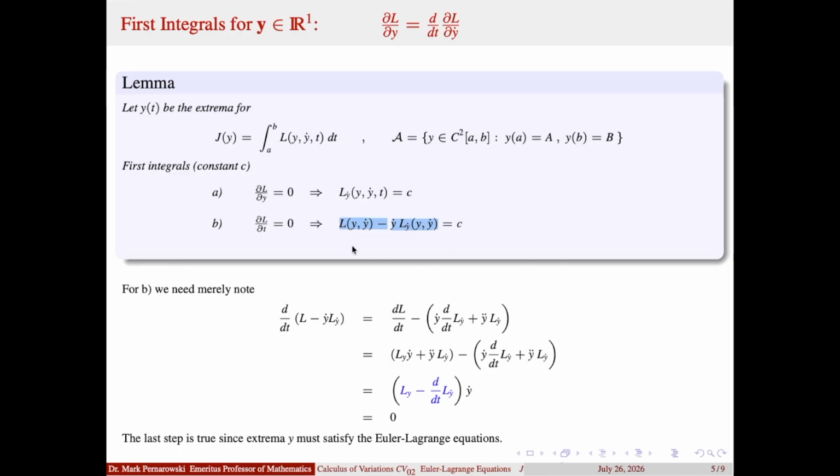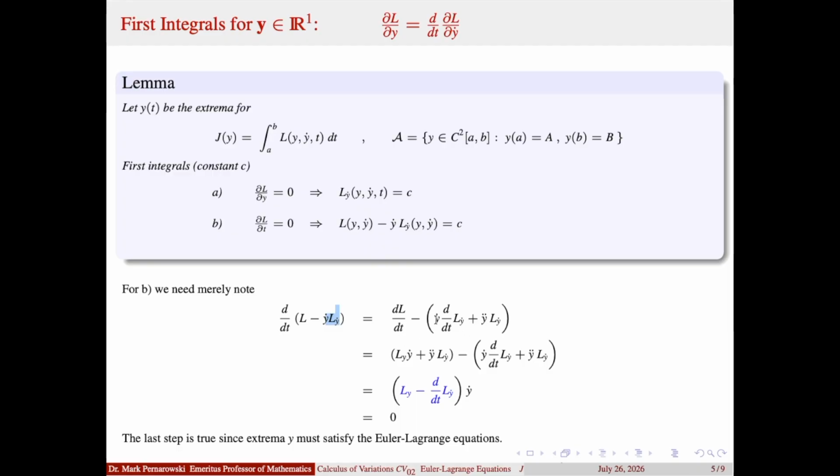So the way you prove that, all you do is you take this expression here, shorthand notation is this, and I take the derivative of that. So that's the total derivative in t of L, that's this first expression, minus, and then I'm going to take the time derivative of this term here.